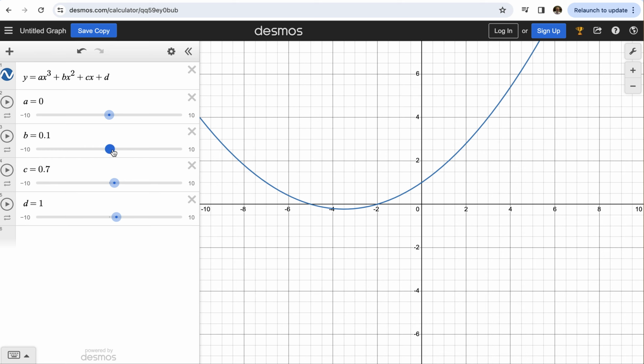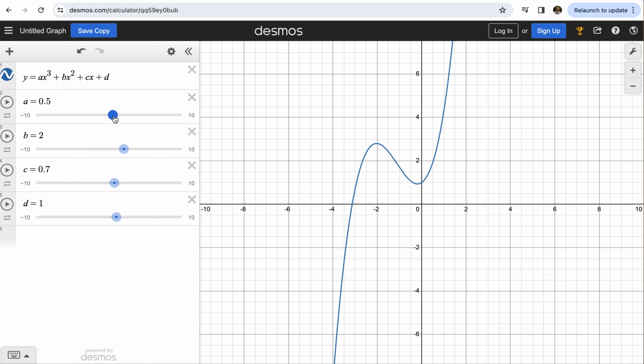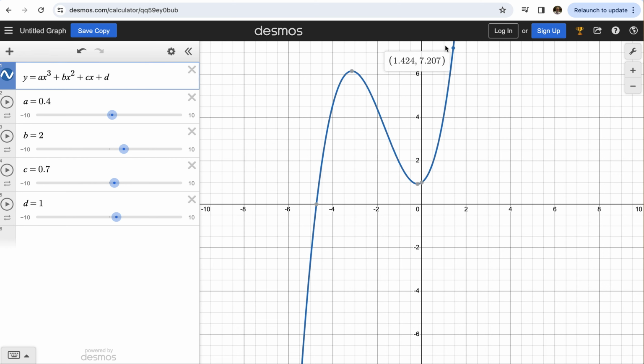So if I make B be something like 2, it's trying to make a parabola like this. Now let's put A back in off of 0. Now if A is positive, it tries to make this look like a cubic going up and down and up.